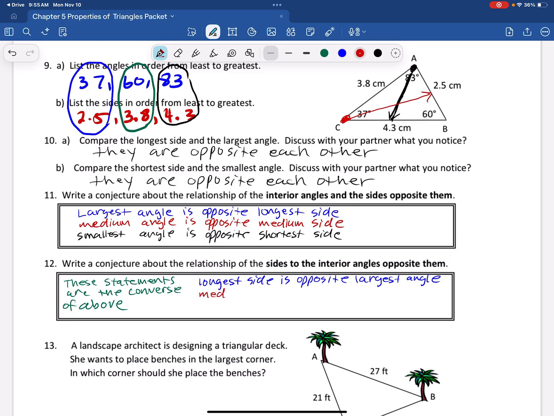Medium side is opposite medium angle. And shortest side is opposite smallest angle.